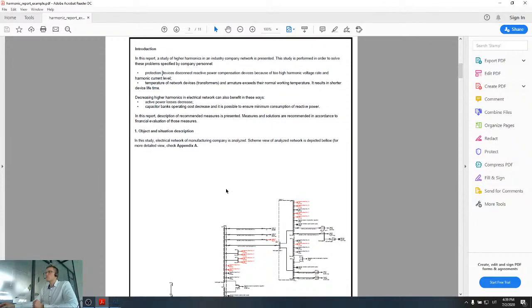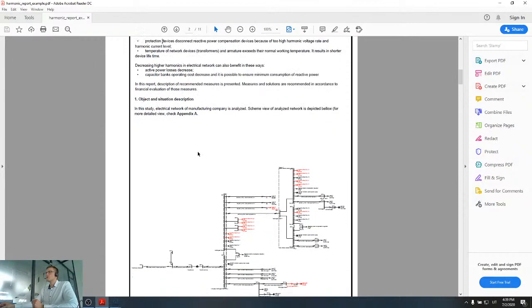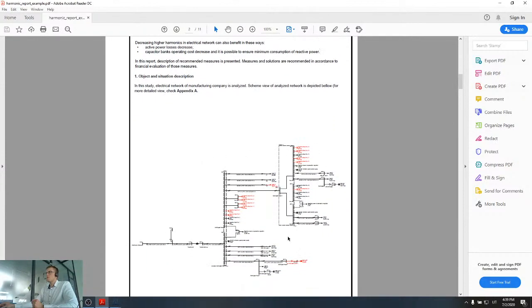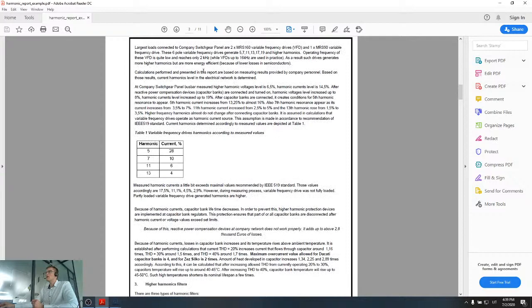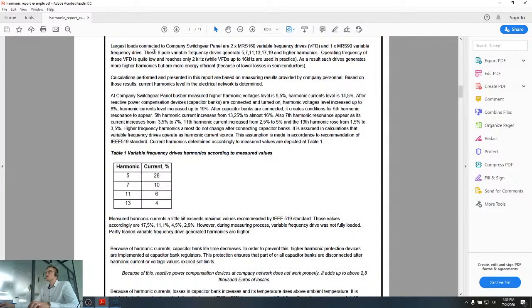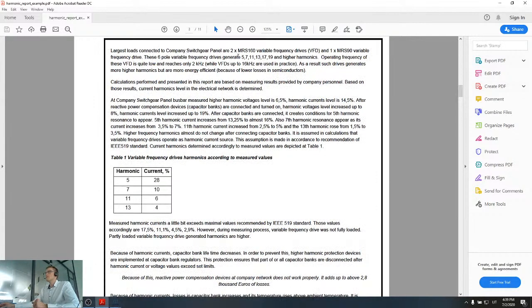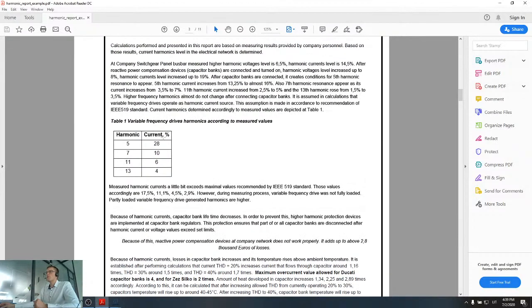Then the next thing we do is provide the object description. We provide the single line diagram and information about the network, for example the major harmonic sources. In this case there are 2 variable frequency drives of different power, 160 kilowatts, and other information like measured harmonics.